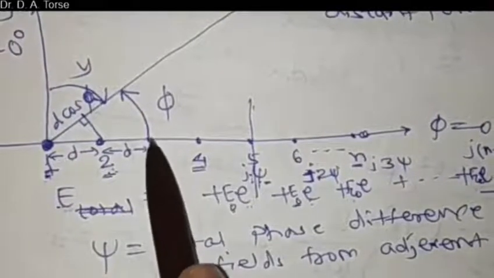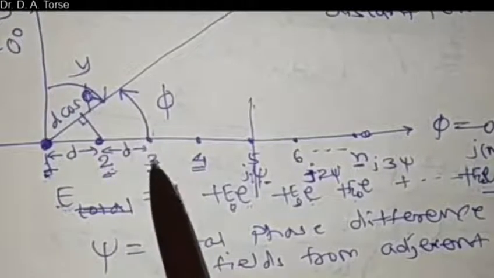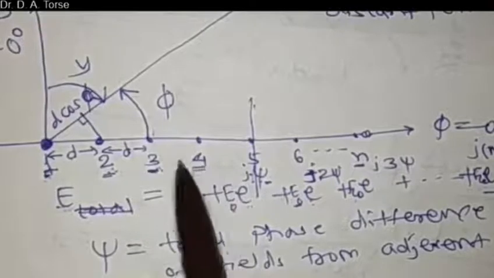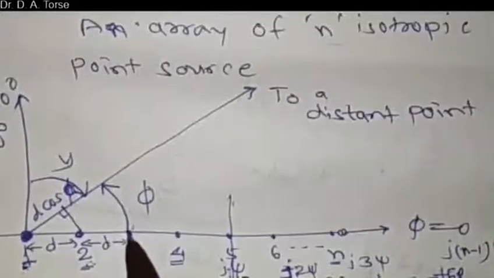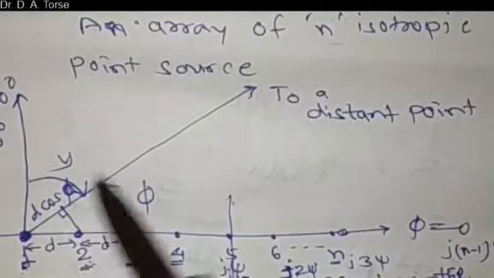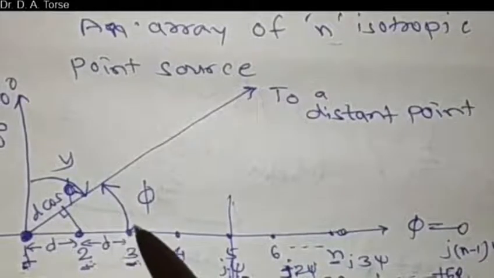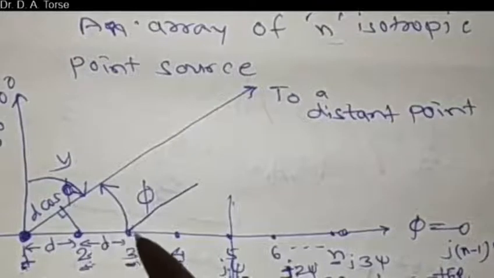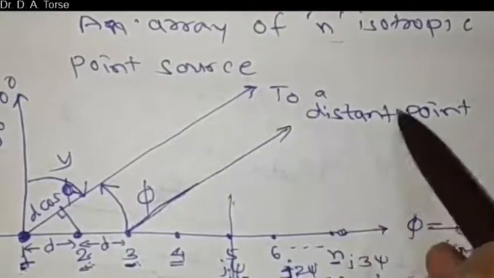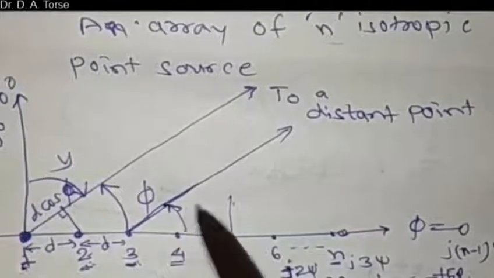So if we refer the phase to the third source, what is the meaning of referring the phase at some particular point? It is from which source you are doing the measurement. So our new line of measurement, or a new angle of measurement, will be from source number 3. So we will draw a very similar diagram representing a distant point from the third source, and from here we will measure the angle phi.